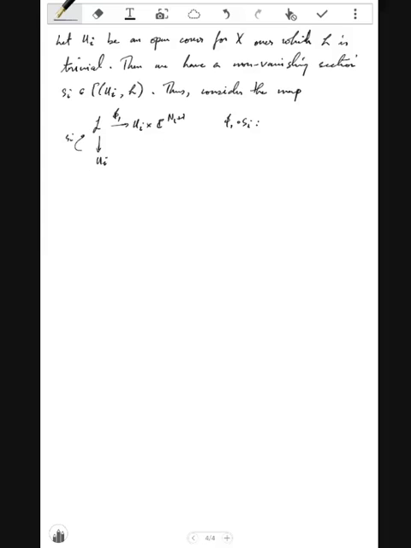So, by abuse of notation, we will view this as a map from C^(n+1). Thus, the map G on U_i is given by x goes to phi_1 composed with s_i and then zeros in the remaining coordinates.